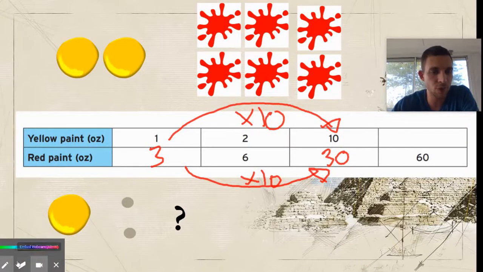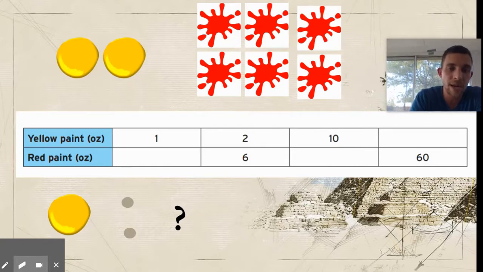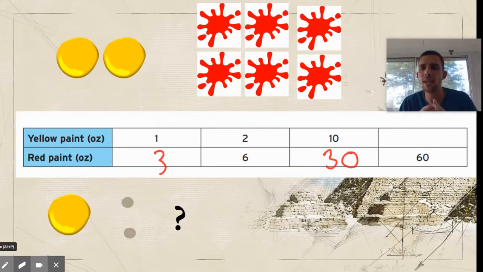Let's look at the next one. We scaled down by dividing, and we got 3. Then we multiplied to scale up and get 30. What can I multiply to scale up again and get 60? You have three options.